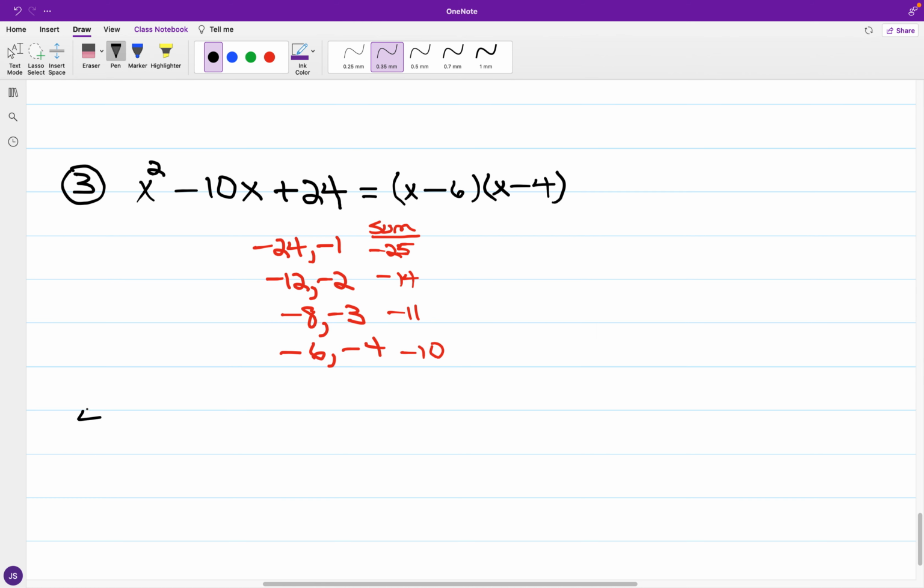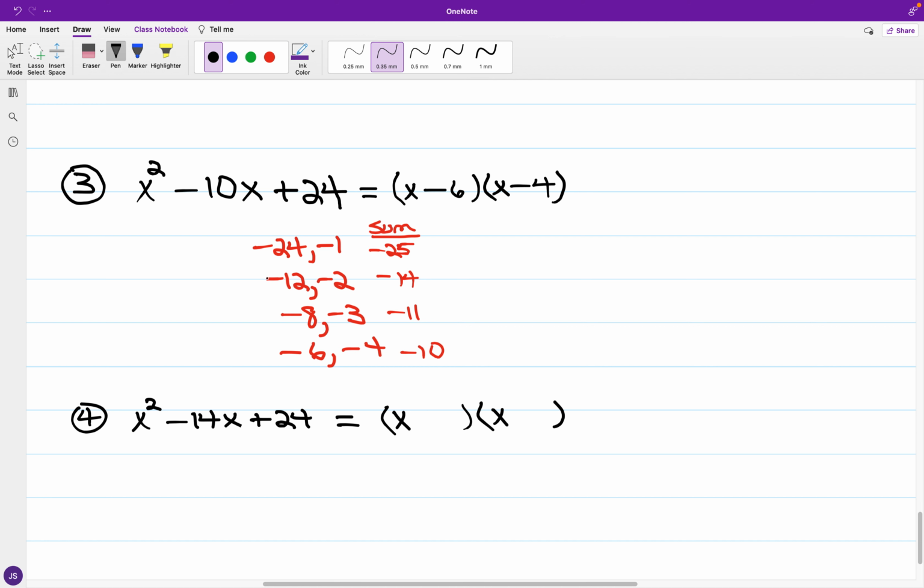And then just kind of throwing this in, if I had x squared minus 14x plus 24, we would have x squared going to x and x, and the factors of 24 that will add up to negative 14.